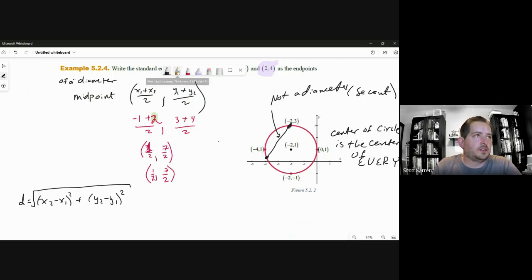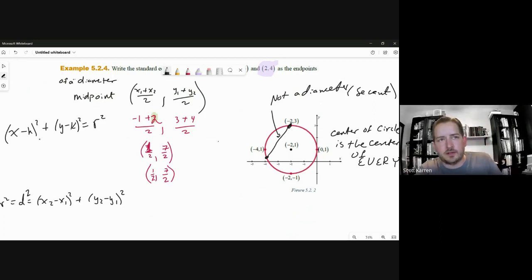Or if you want, you can do the distance squared formula, but this gives us r squared, which is fine because that's what's going to go into the equation x minus h squared plus y minus k squared equals r squared. So if I find r squared, I'm fine with that. I don't care what r is perhaps, as long as I have r squared.